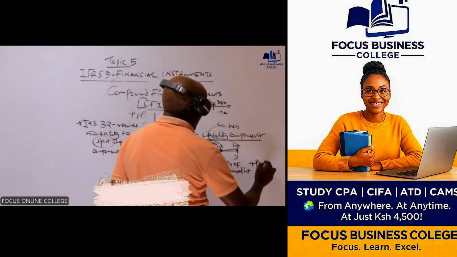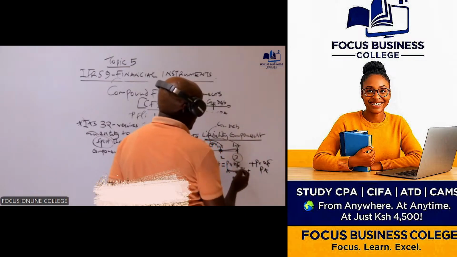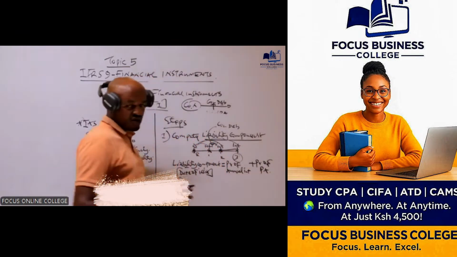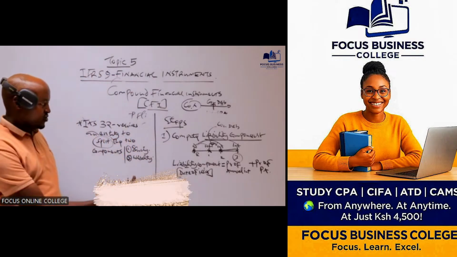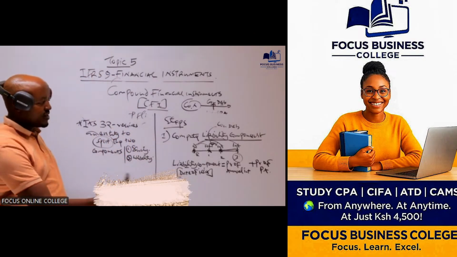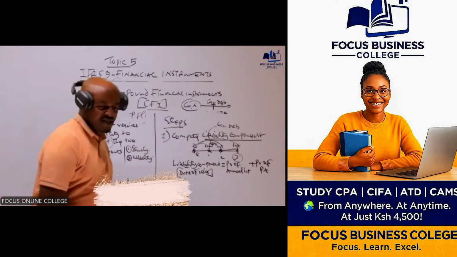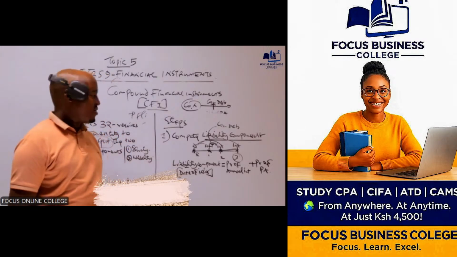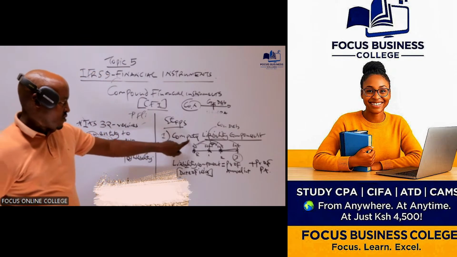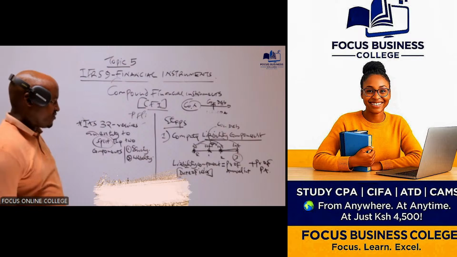And then to this, we add the present value of the principal amount, which is payable upon redemption. So we add these two figures: the present value of annual interest plus the present value of the principal amount. That is how we compute the liability component on the date of the issue.